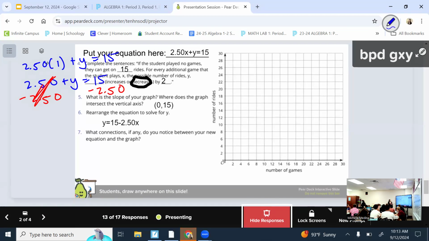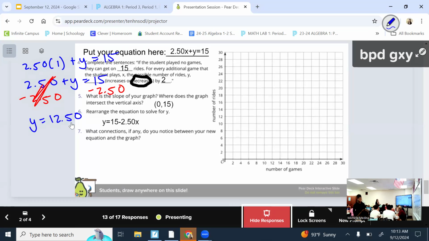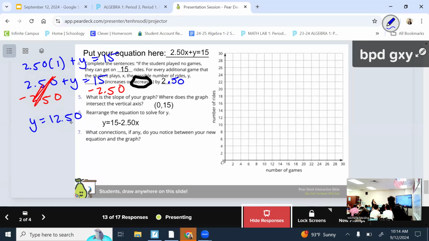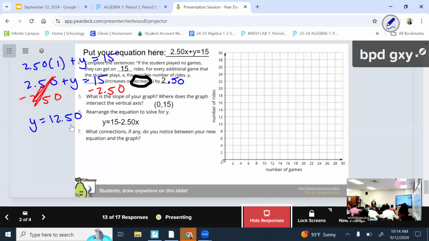So when we play one game, the amount of rides you can go on decreases by 2.5. Now, can you really go on 12.5 rides? No, but it's decreasing each time by 2.5. All right. And I can test that by plugging in numbers and seeing for myself.